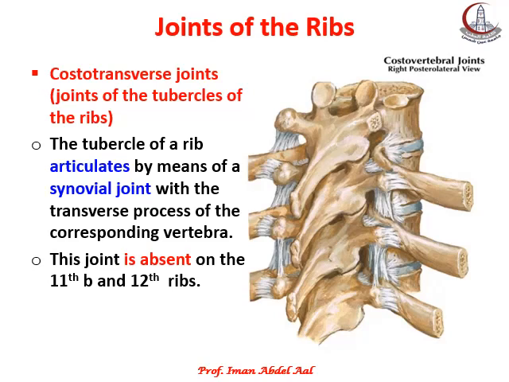If this is rib number 8, this is going to be the transverse process of vertebra number 8. The costotransverse joint is absent on rib number 11 and number 12, because they have no tubercles.